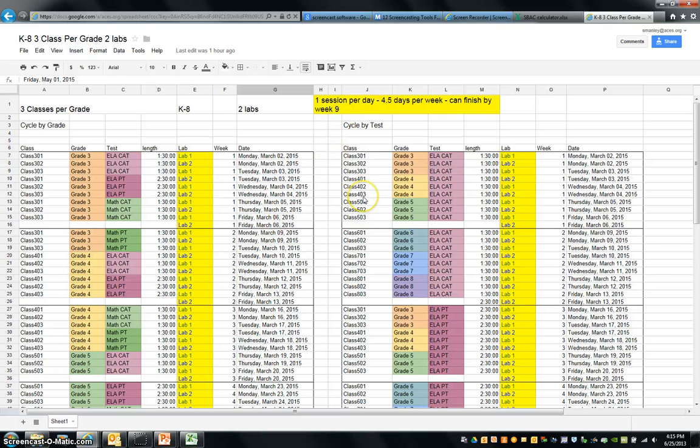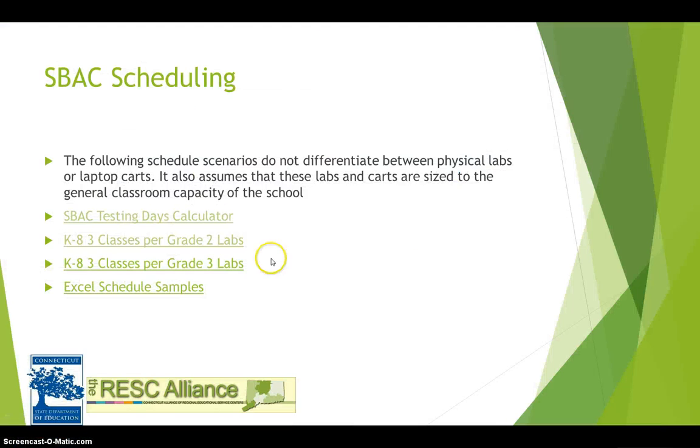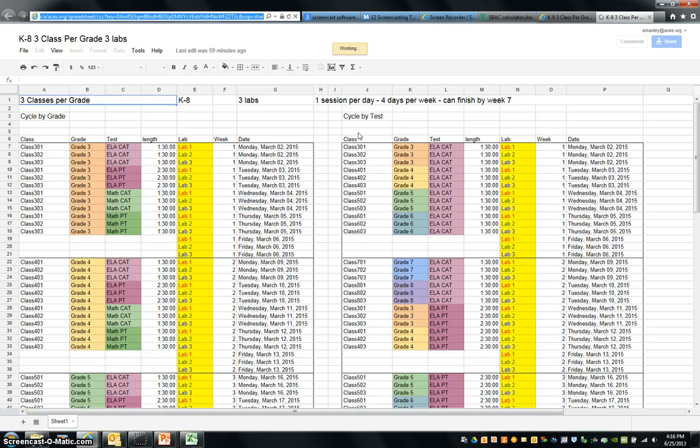So I said, well, what if I was able to pull together some labs, some laptops or some classroom computers? What if I was able to manufacture a lab in an extra building? And I ran the same type of thing.